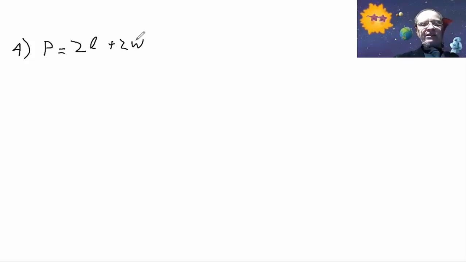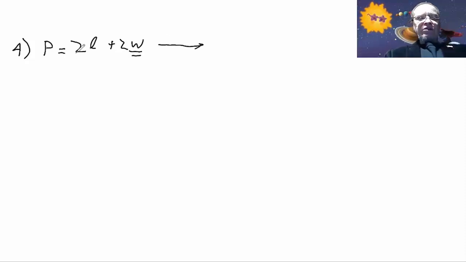And in this case, we want to solve for W. So again, we'll treat everything else but W as though it were regular algebraic numbers. So here we go. To isolate the W, first thing I'll do is subtract 2L from both sides.